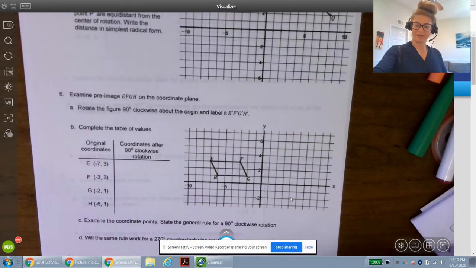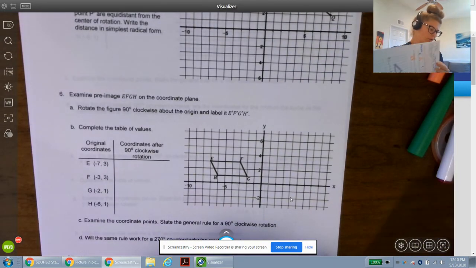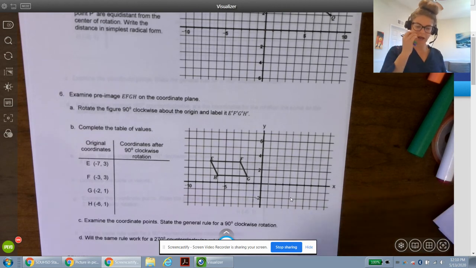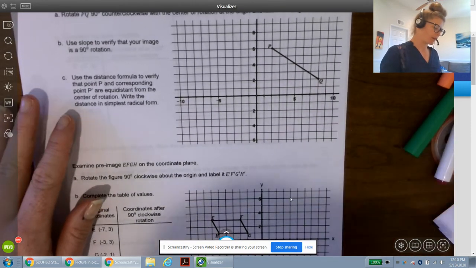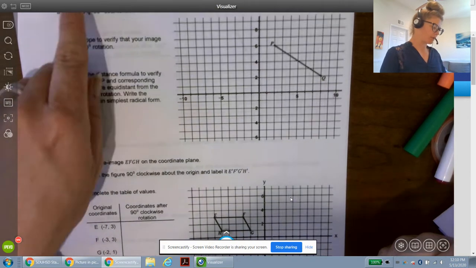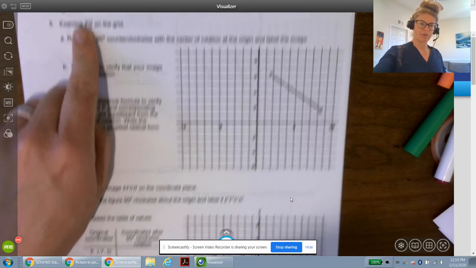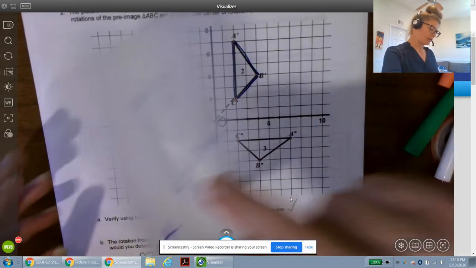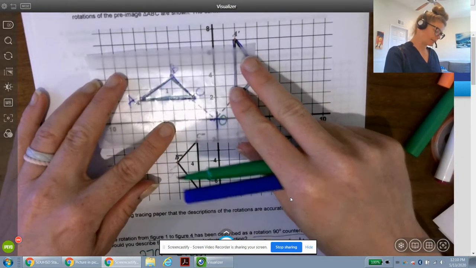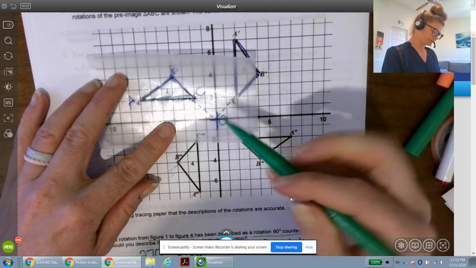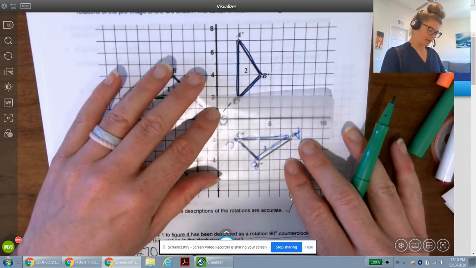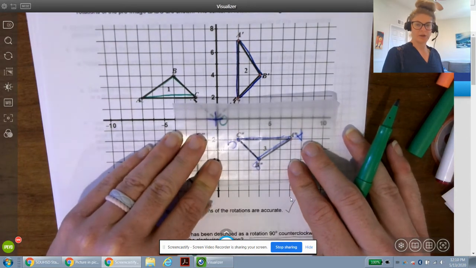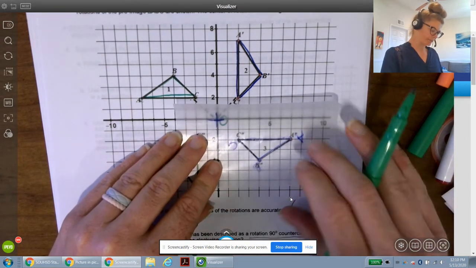Let's keep on keeping on. So what we want to do is describe what happens in a 180-degree rotation of a figure, and what is the relationship of the corresponding segments. Well, if we go back to our diagram and we look at 180 degrees, remember that's two groups of 90, which means I can go counterclockwise or clockwise to get there.